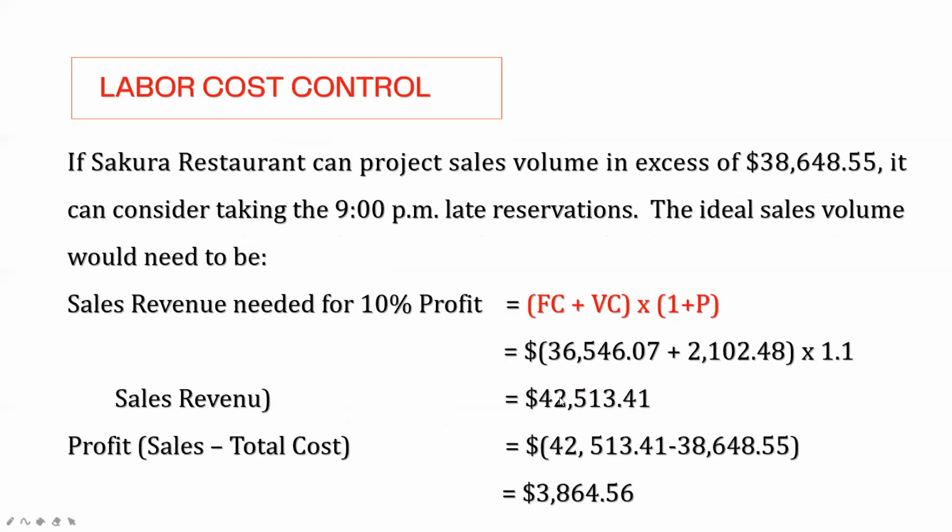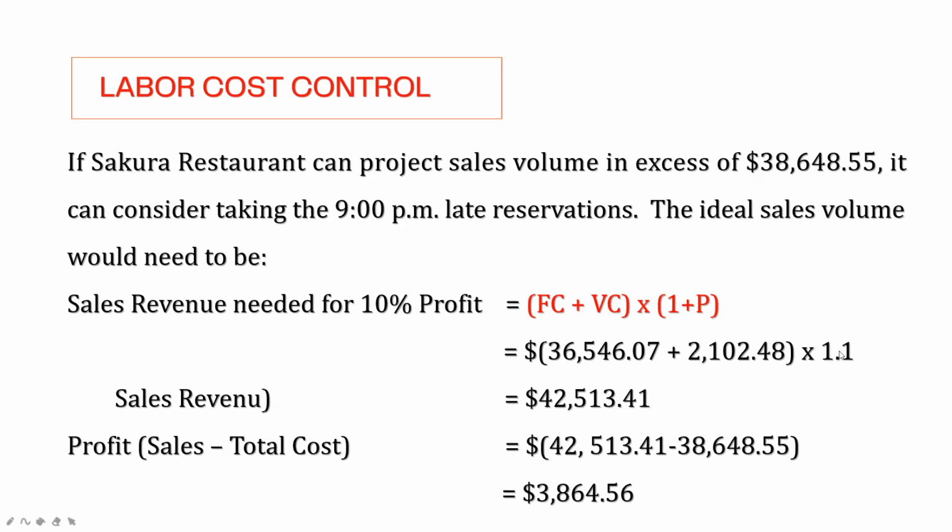And I'm just showing you now what the profit would be. So the profit would be sales minus total cost. And that would be sales of $42,513.41 minus the total cost of $38,648.55, which gives you $3,864.56. And if you remove the 1 here, you will get that.